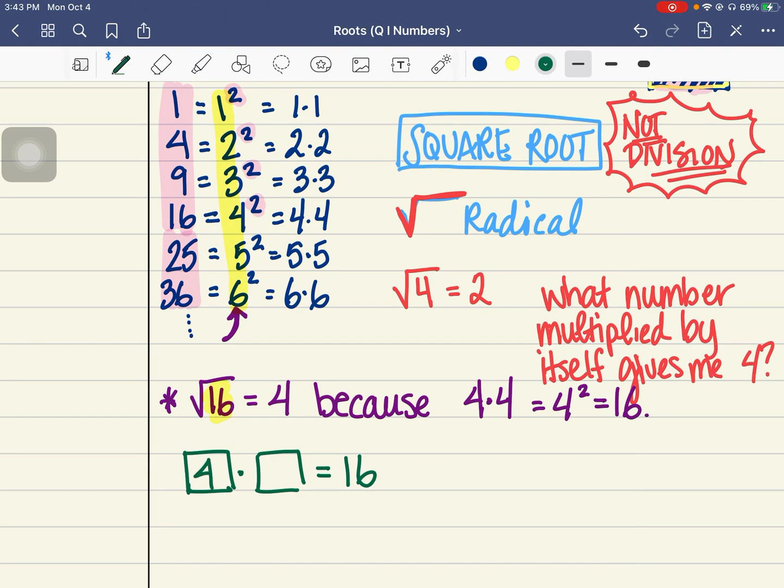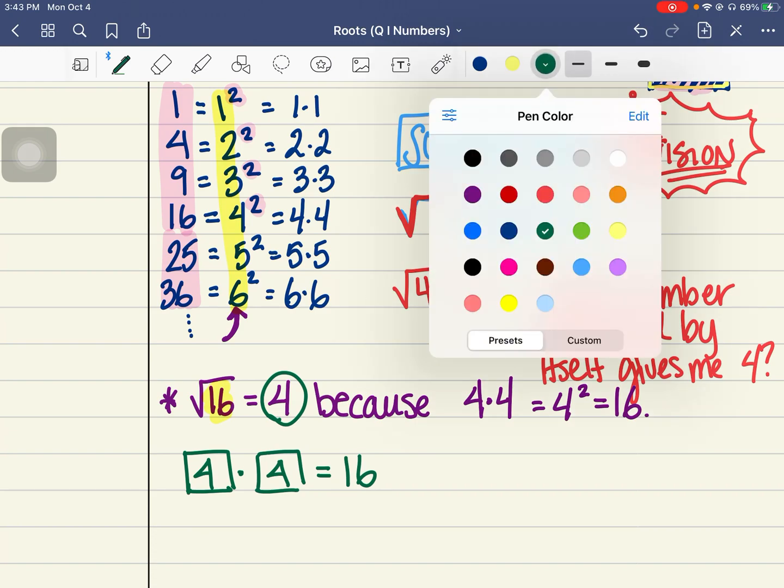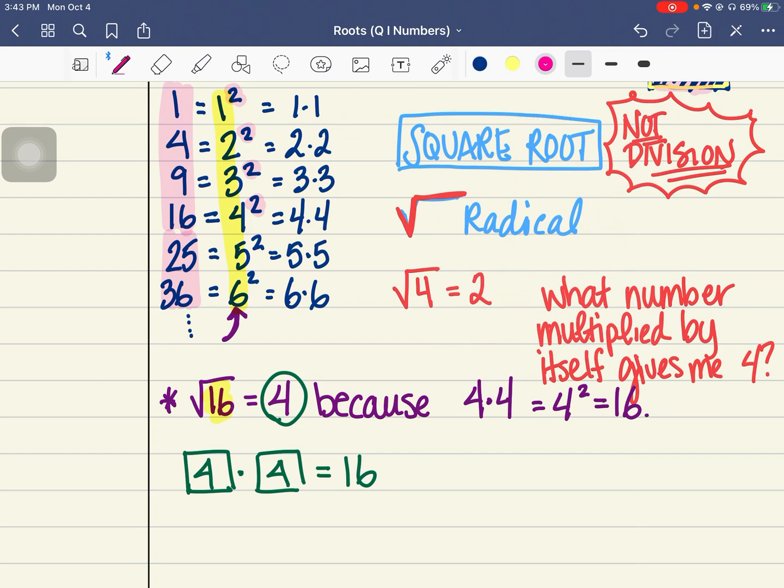We know 4 times 4 equals 16, and that's how we got 4. But is there another way to get 16 by multiplying the same two factors together? The answer is yes. It isn't just 4 times 4, but if we remember our rules for multiplying integers, -4 times -4 also gives us 16. So -4 could also be an answer.